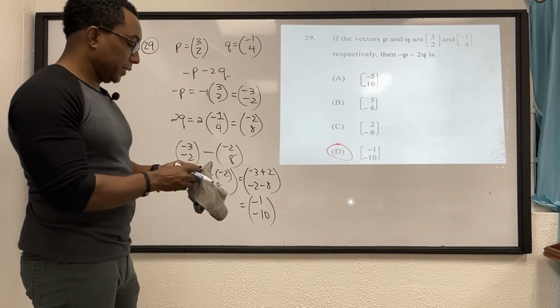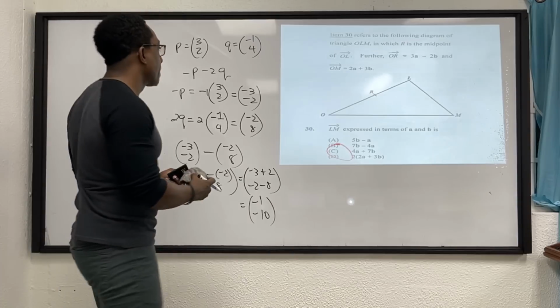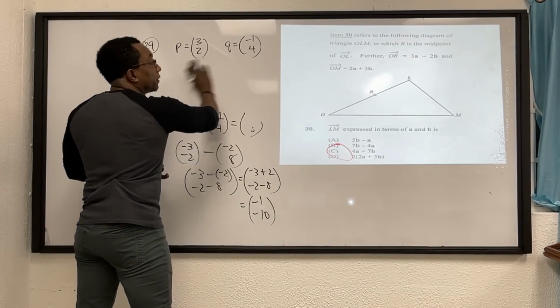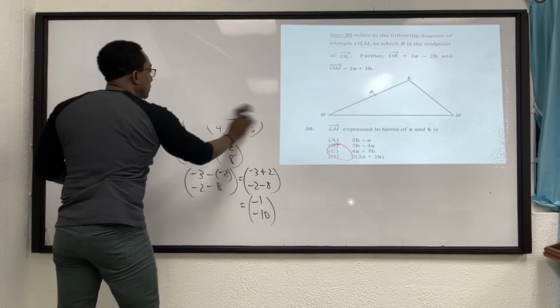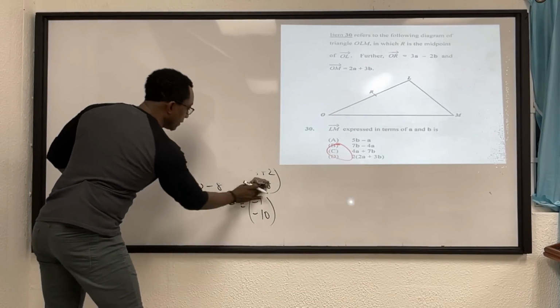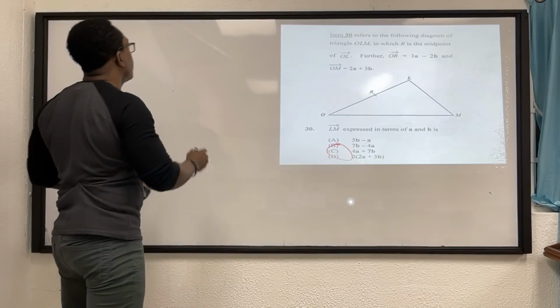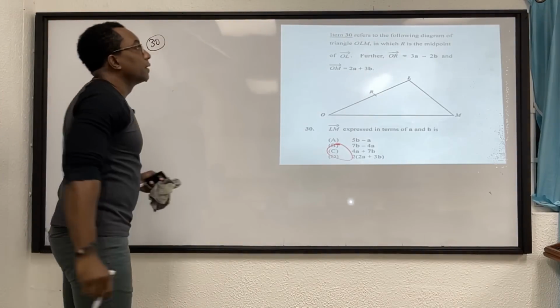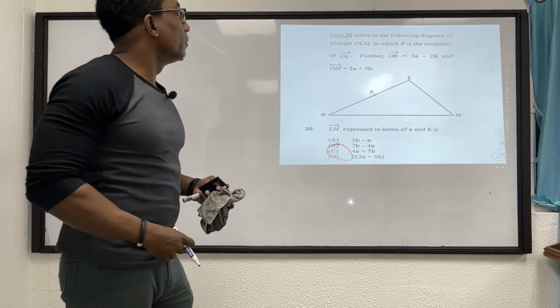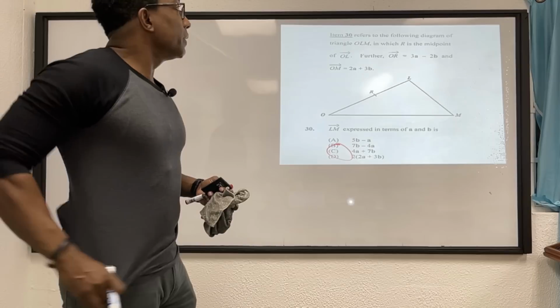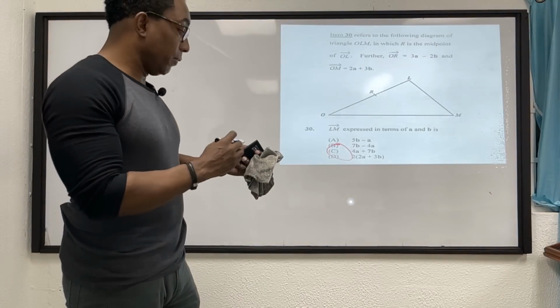All right, let's move on to question 30. So we have a vector question. Question 30 states, item 30 refers to the following diagram of triangle OLM, in which R is the midpoint of OL.